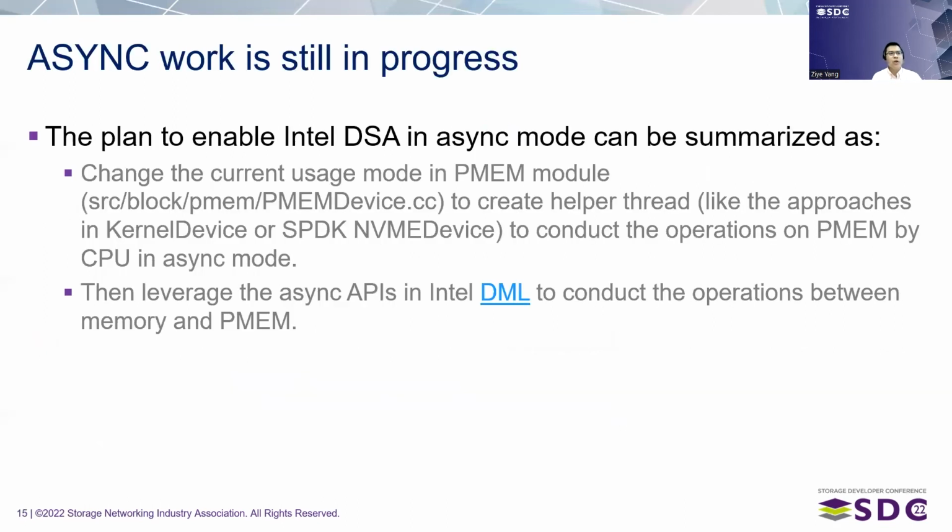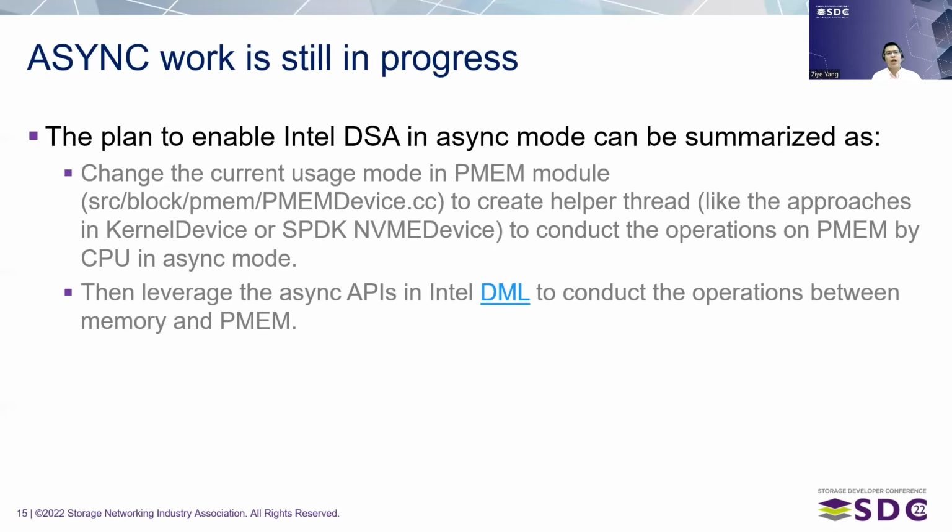And the async work is still in progress. The plan to enable Intel DSA in async mode in BlueStore can be summarized as follows: we will change the current usage mode in the pmem module, that is the PMEMDevice.cc file.